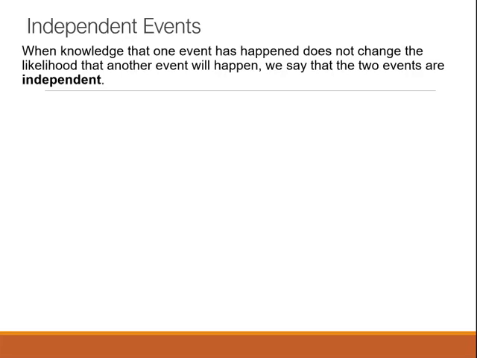But if you're drawing cards out of a deck, what happened on that first card that you pulled out will affect the probability of the next card because you've removed a card from the deck, right? So that would be an example of something that's not independent. It's conditional, unless you pull the card out, you look at it, and you put it back. Now it's independent again. Is everybody okay with that idea?